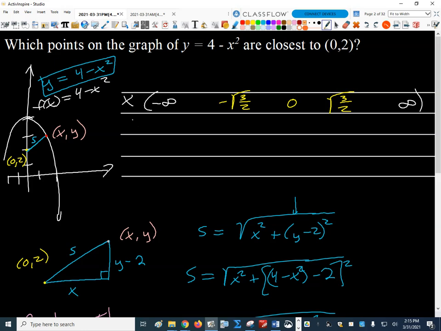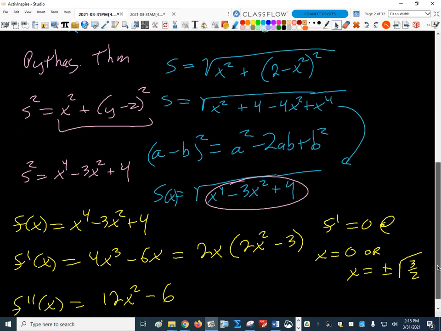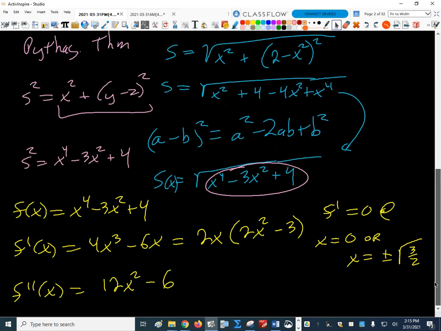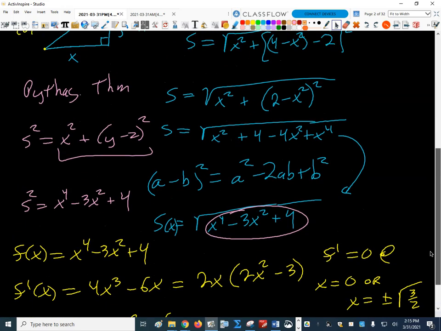Okay, S would be distance. You're right. And that's a good answer, except we didn't actually use distance. What did we use? If I scroll down here, I just arbitrarily called it S or F, right? Because we actually used the square of distance, right? Everybody agree?